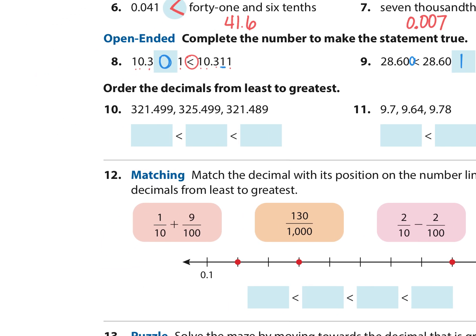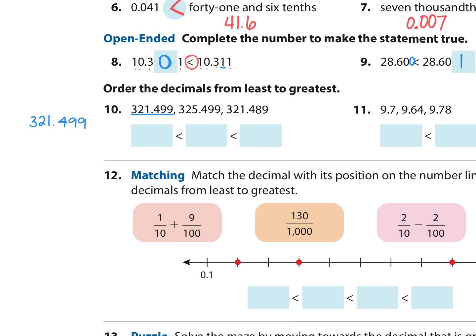So off to the side, I'm going to write all of those numbers down, starting with this one. So I have 321 decimal point 499. If I write, you write. If I do, you do. We are now on number 10.